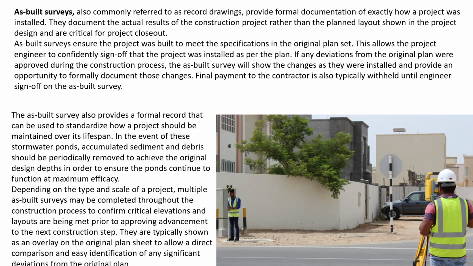In the picture, you can see the engineer with his work. Probably they are making an as-built survey. So an as-built survey is to check how the construction phase finished.